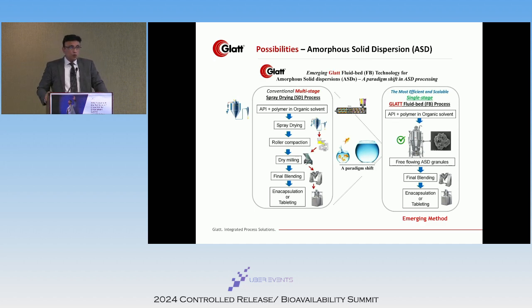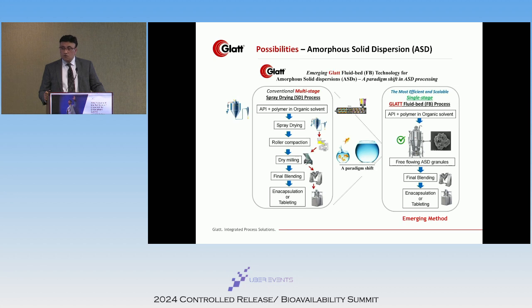But with the process that we have at Glatt, you can produce the amorphous solid dispersion using top spray granulation or bottom. So you have your drug mixed with your polymer, you spray onto the substrate, and your amorphous solid dispersion is all prepared there.